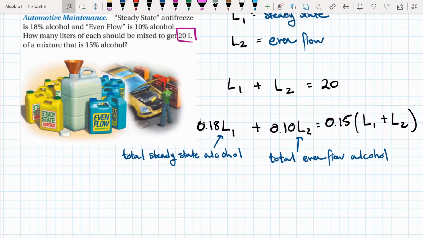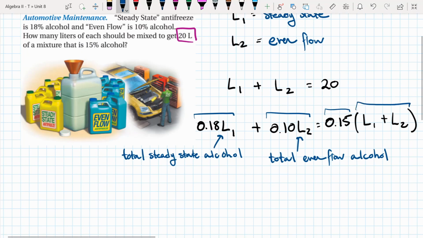So if I have the total amount of alcohol from the first solution and I add to it the total amount of alcohol from the second solution, the result is going to be, well, we want the result to be 15% of the sum of the two volumes, okay? And what we want to do here is solve this for L1 and L2.